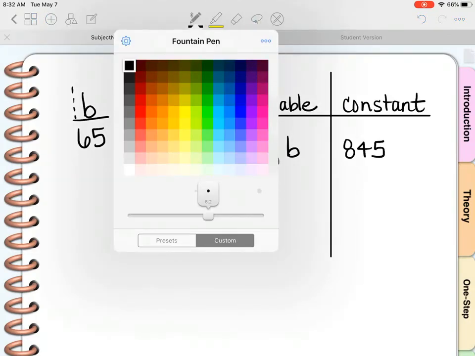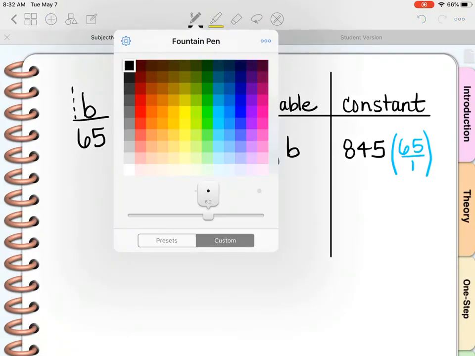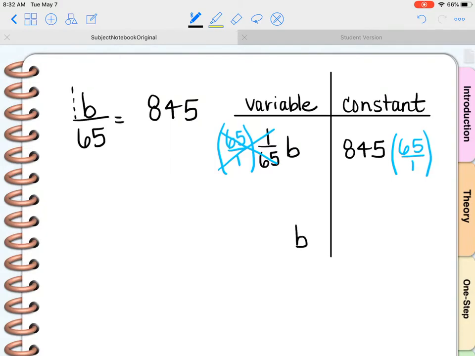So to move that fraction, we need to do the reciprocal in parentheses and do that to both sides. Cancel. So you're left with b, and then whatever this product is, 845 times 65 ABC 1. And I have no idea what that is. I'm going to have to use my calculator for that.